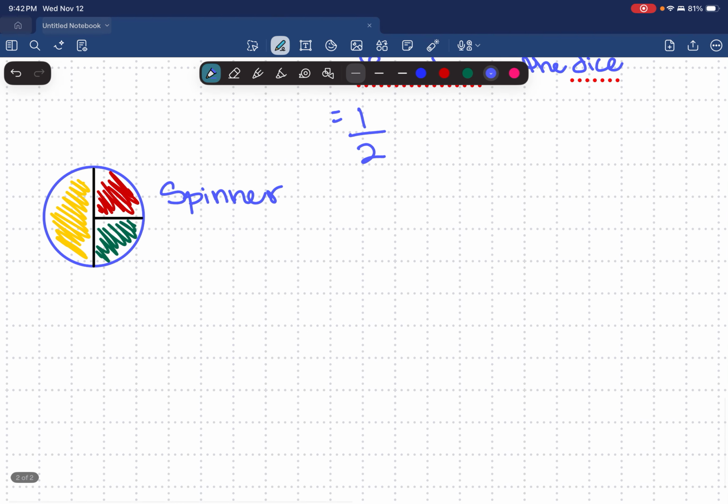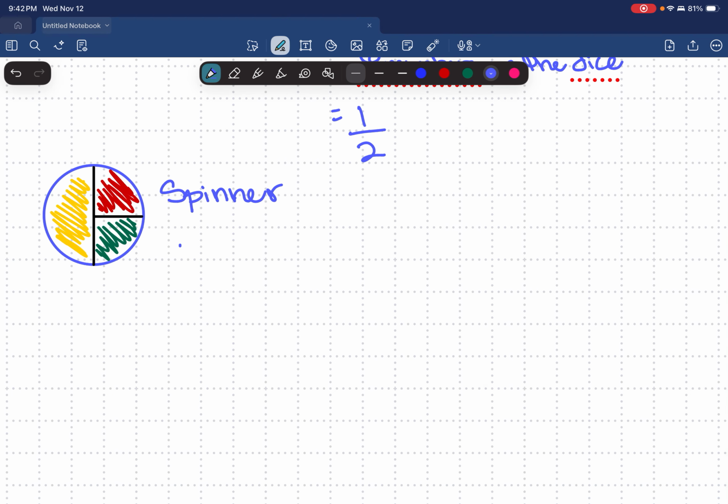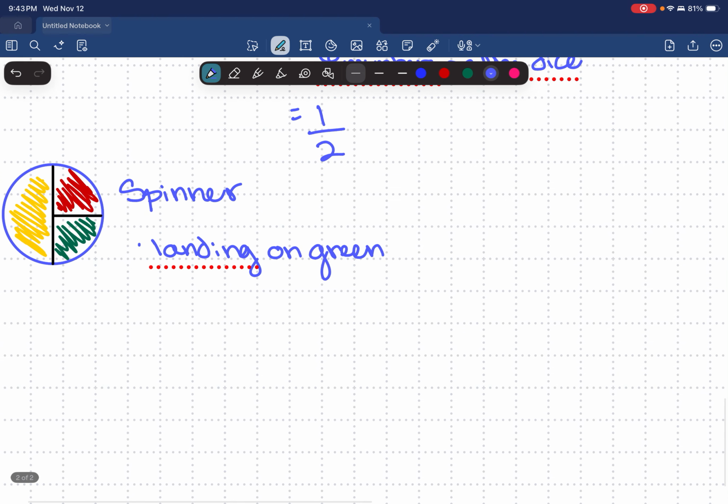All right, so for our spinner, let's say the chance of landing on green. The yellow is a half. The red is a quarter, and then the green is a quarter. So my probability of landing on green is going to be what? It's going to be 1/4, because the green takes up a quarter.